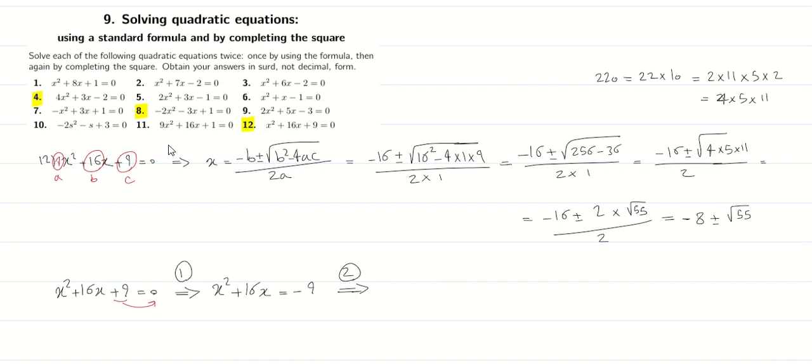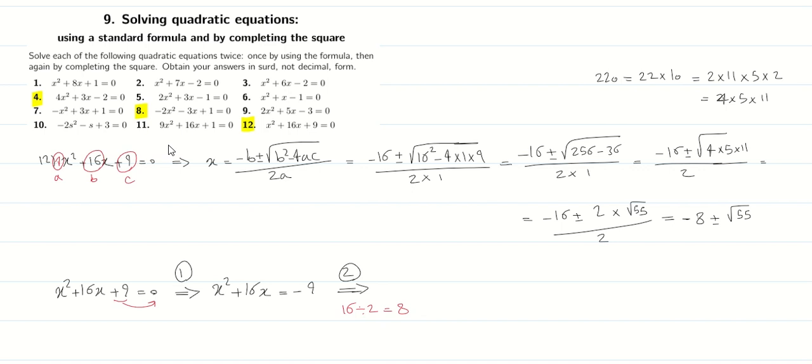Now let's say that we want to move to the third step. The third step was that we actually added a constant to both sides of the equation in here. And that constant was, we actually had to divide the coefficient of x by 2, then square it, then add it to both sides. So the coefficient of x in here is equal to 16. If you divide it by 2, it would be equal to 8.